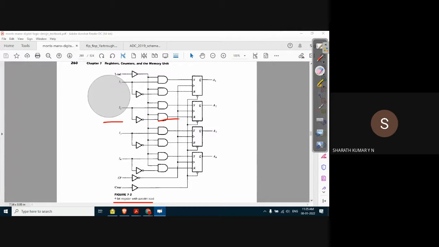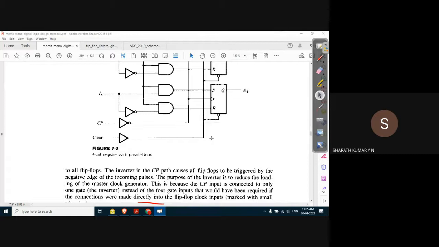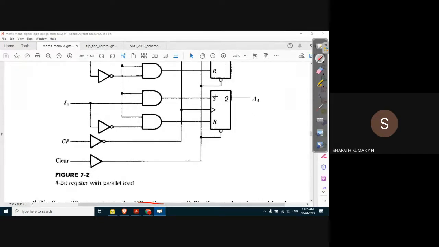Since it is a parallel load register, we have to make use of both the inputs, both S and R. There's one more thing we have to observe here. Let me zoom in on the last flip flop and observe its inputs.